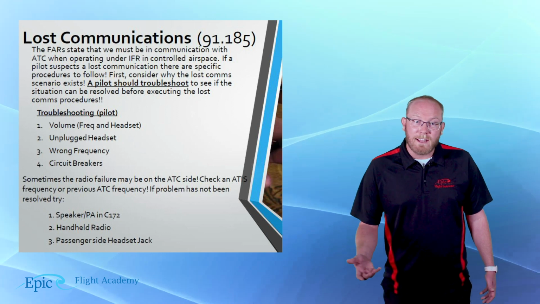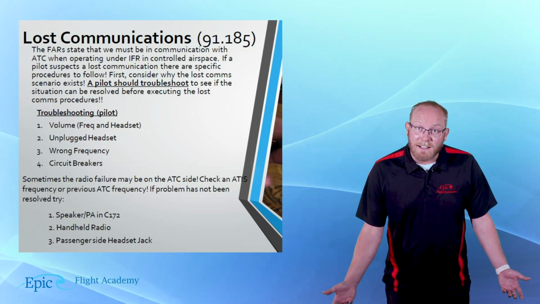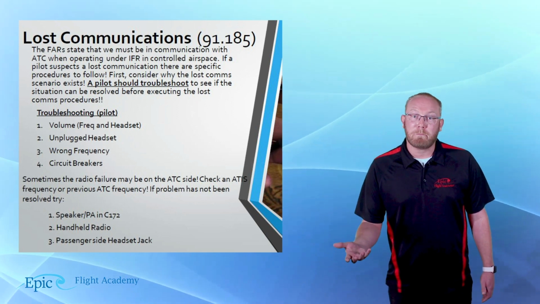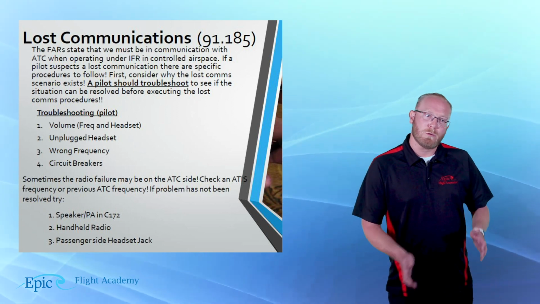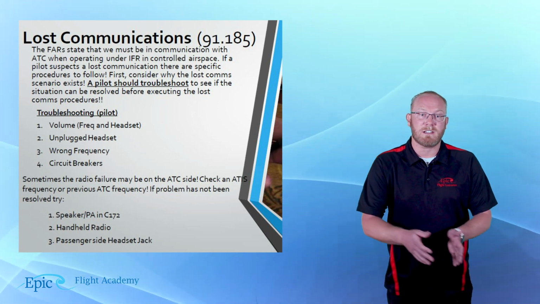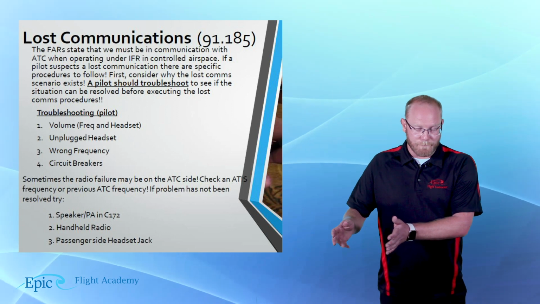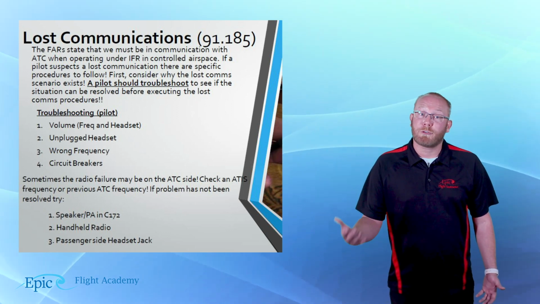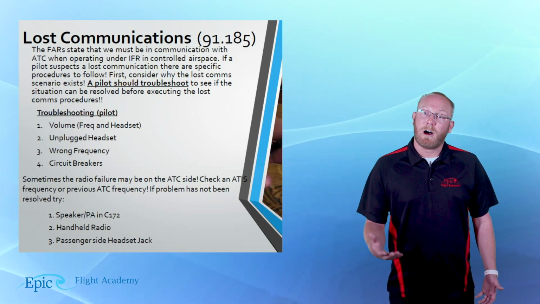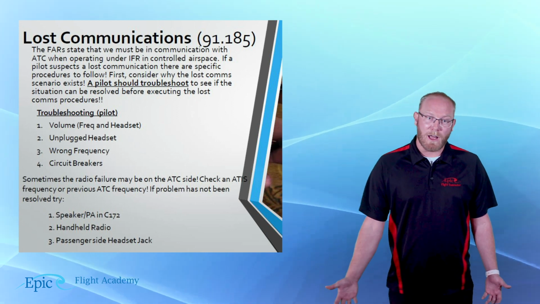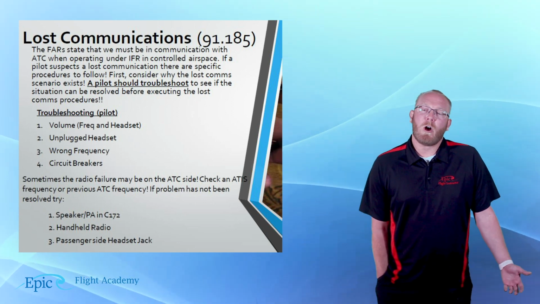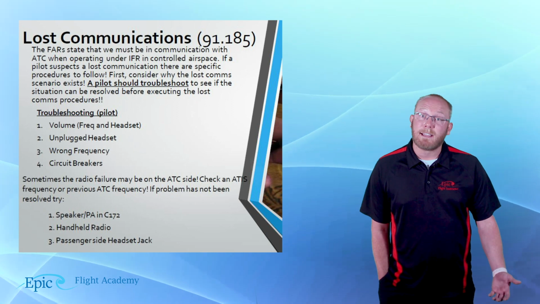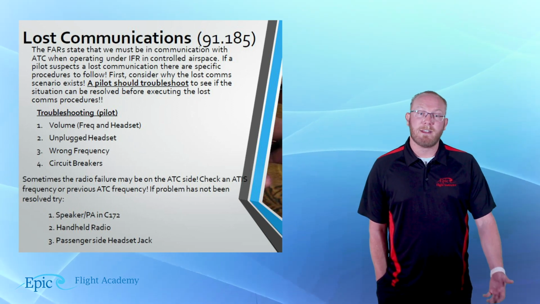Maybe your knee or your leg unplugged one of your headset jacks, right? You may have tuned in the wrong frequency when you were switching from one controlling agency to another controlling agency. Also, possibly circuit breakers may have popped out on the panel down below you, right? These are all some very common things that we can check as pilot in command to try to mitigate and fix these issues.